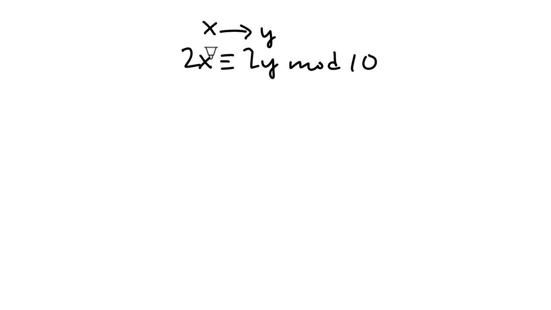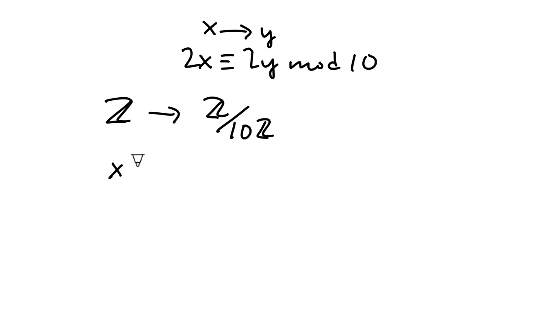If you notice, this is like the output of a function where we're going from the integers to Z mod 10Z, and we have a function where x is sent to 2x bar, where this bar refers to a chunk in this quotient. So x maps to 2x bar.